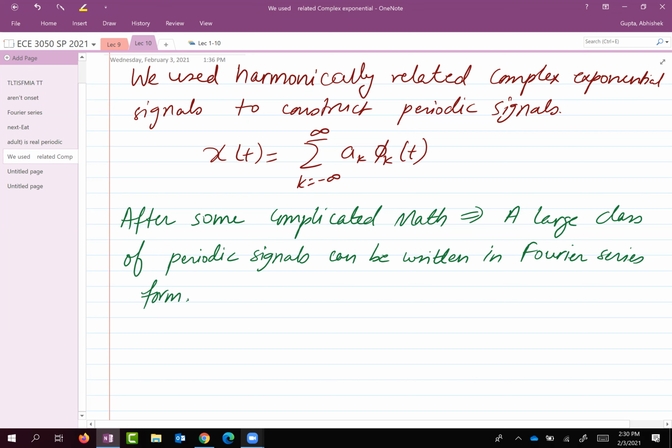So I give you a periodic signal x of t, assuming that it satisfies certain conditions that we are going to talk about in a few minutes. It will have a Fourier series representation, which means that you can write x of t as the summation of a_k phi_k of t.